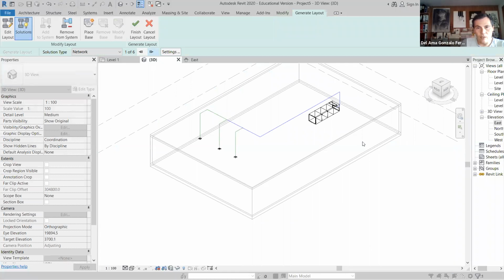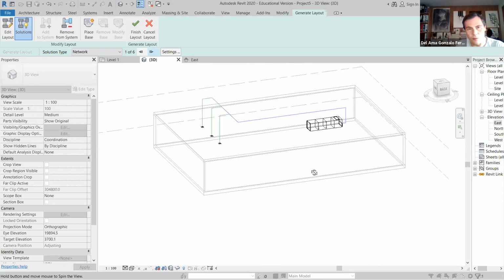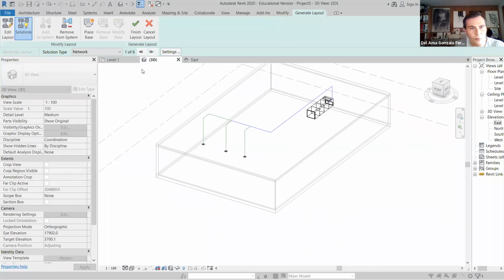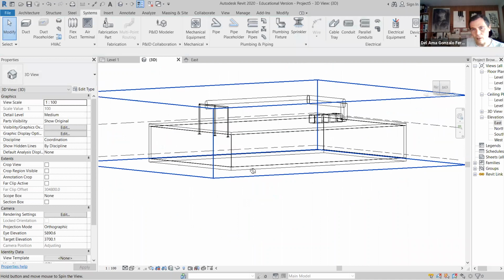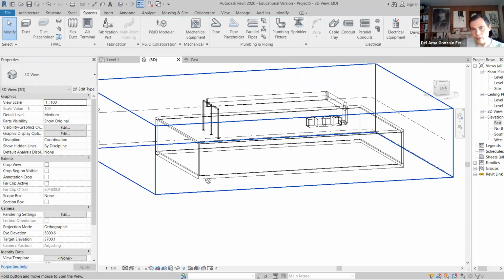And we have this terrible layout, but you can change. Okay, so there are different layouts here. I don't know which is worse. Let's say this. And now we click OK. And we have this terrible thing.